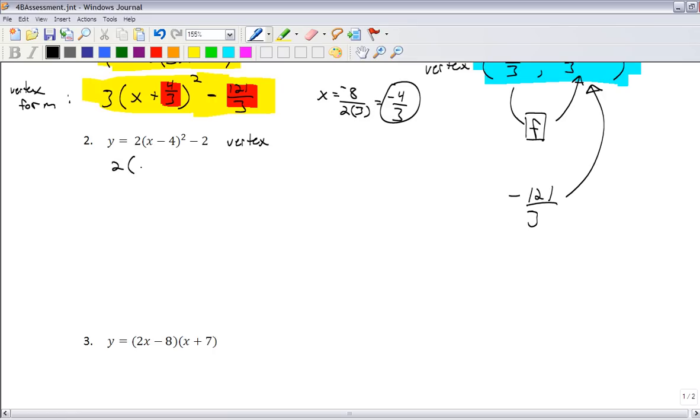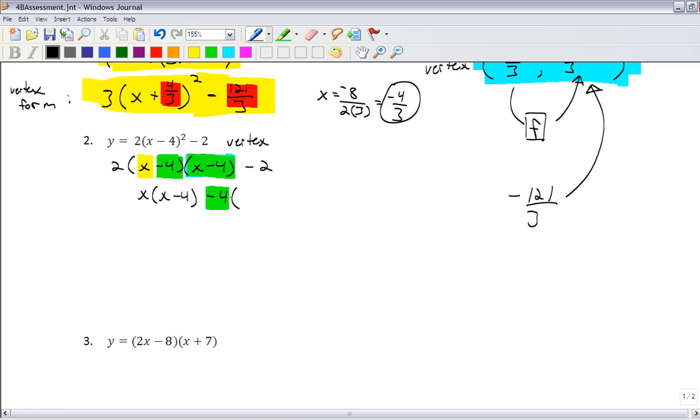If you're going to expand this, 2 times (x minus 4)(x minus 4), minus 2. Well, let's see, x minus 4 by x minus 4. You do this x times x minus 4, and that's another way you can see it, x times x minus 4, minus 4 times x minus 4.